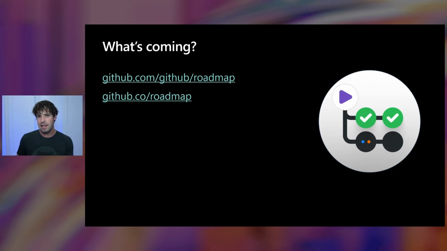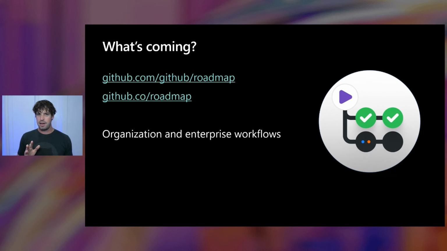So there's a lot in there, as I mentioned, but there's two things I really want to call out that I'm quite excited about to do with Actions. One is organization and enterprise workflows. Now, it might sound like what I was talking about before with these shared workflows, but this goes one step further, and it allows you to create workflows in a centralized place and enforce running of those workflows in repositories, which means, let's say you have a security check that you want to run over every repository in your organization.